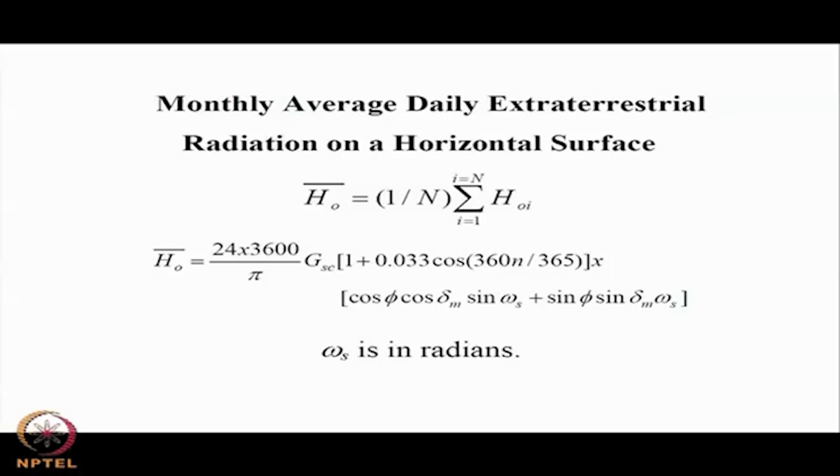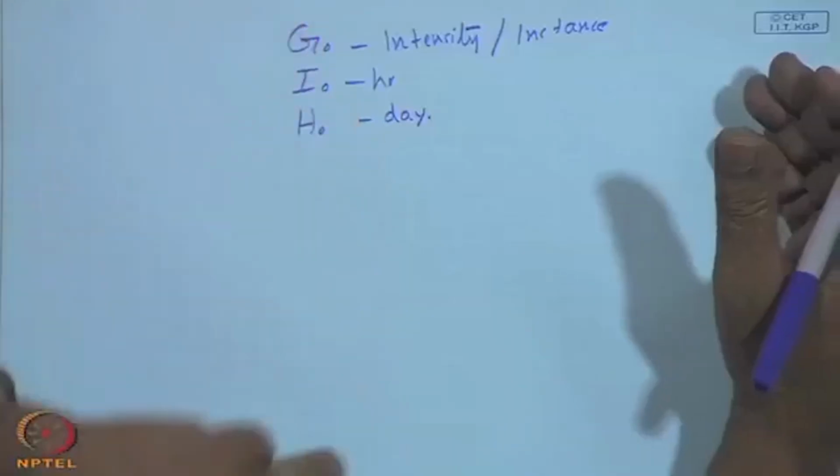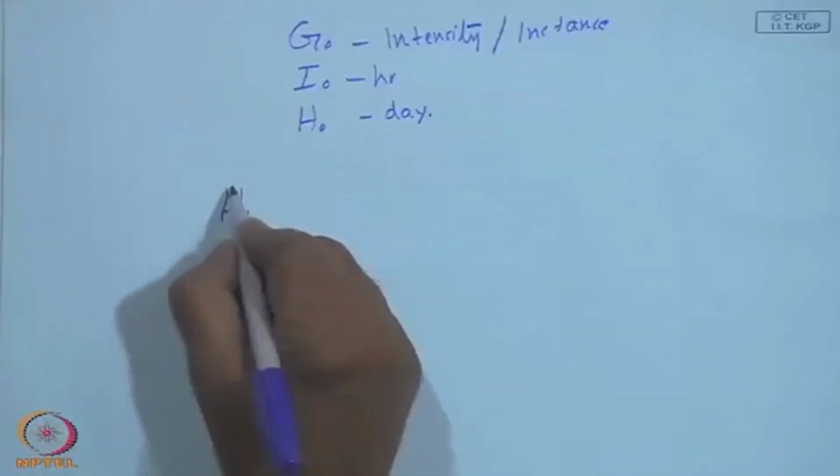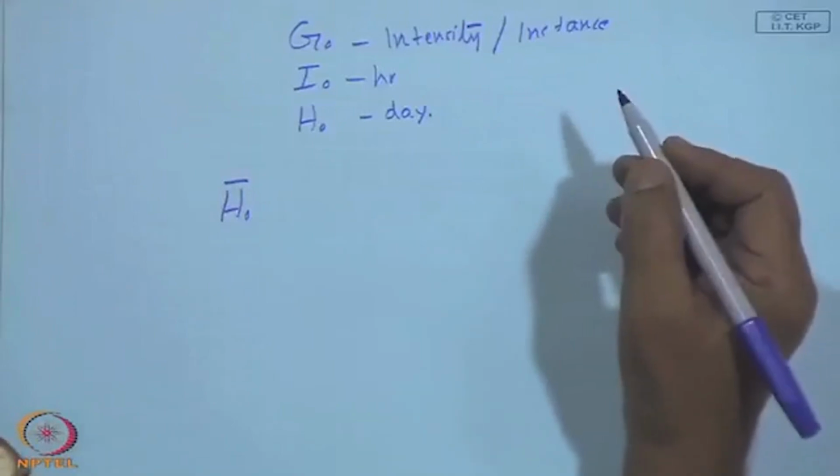If I know H 0, suppose there is a relationship between what is H, right, that will be a little more accurate than I 0 to corresponding I, which may have higher variation in a particular hour rather than for the entire day. That is one of the reasons why we try to go for a longer time period. Then we define these; the accompanying notes will give you the exact full names, because these are all long.